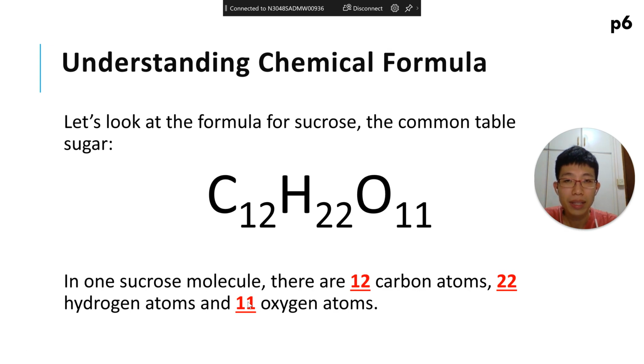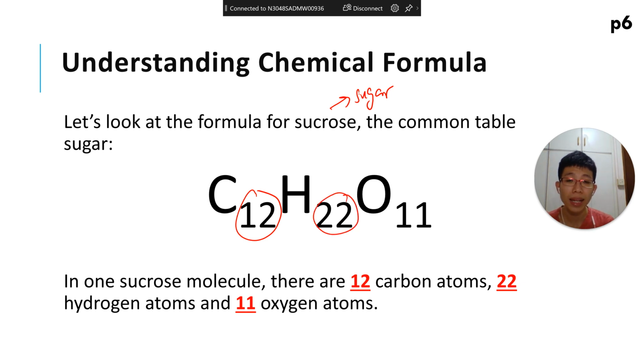So let's look at this chemical formula of sucrose, which is a type of sugar. In this one sucrose molecule, how many carbon atoms are there? There are 12. Look at this number. And how many hydrogen atoms are there? There are 22.